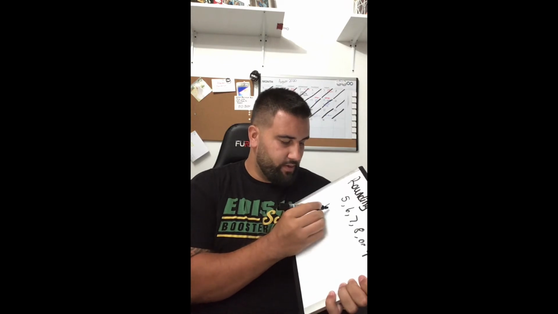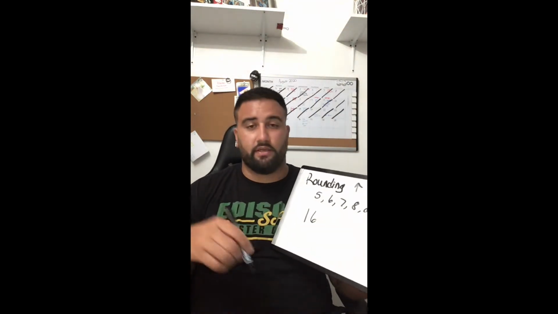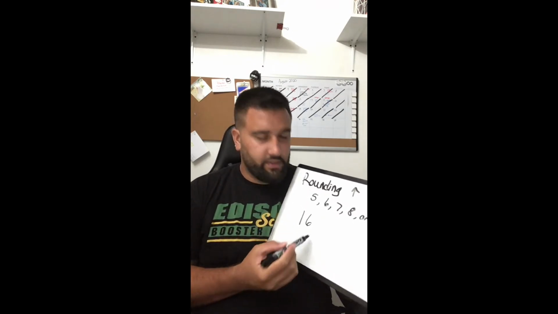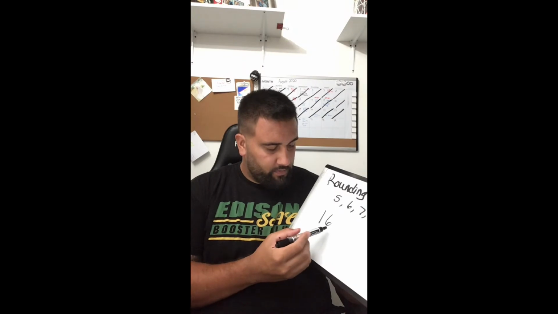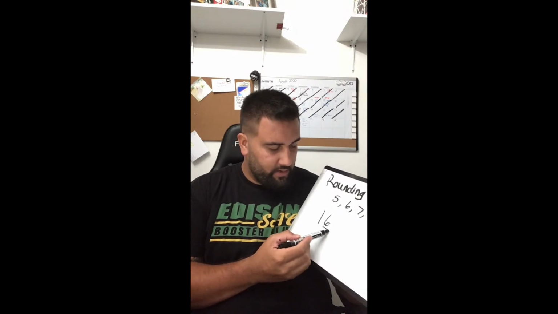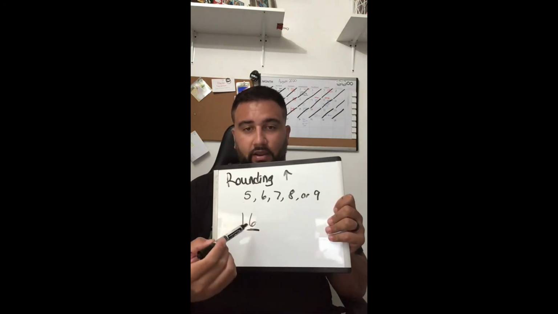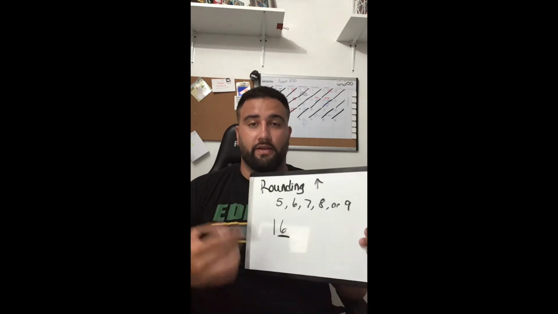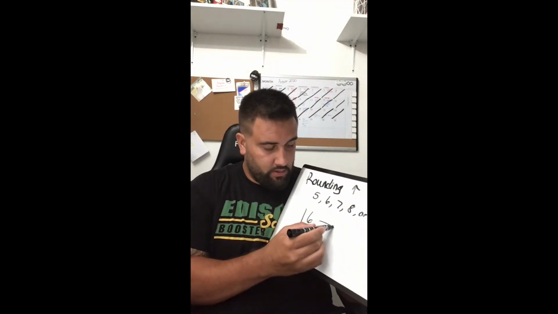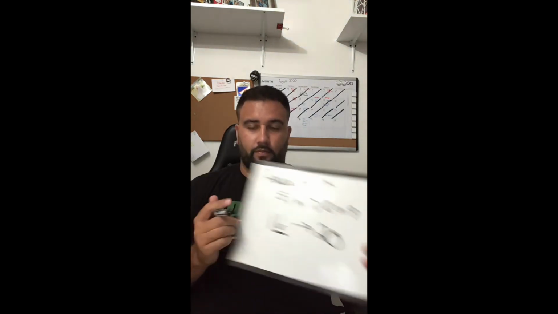If you have the number 16, if you wanted to round it, keep in mind our place values, to the nearest 10, right? If you want to round to the nearest 10, we have to see which one is closest to, right? So if we look here in our rules, 5, 6, 7, 8, or 9, there's a 6 here, right? So we're going to round it up to the nearest 10, which would then be 20. There we go. Okay?